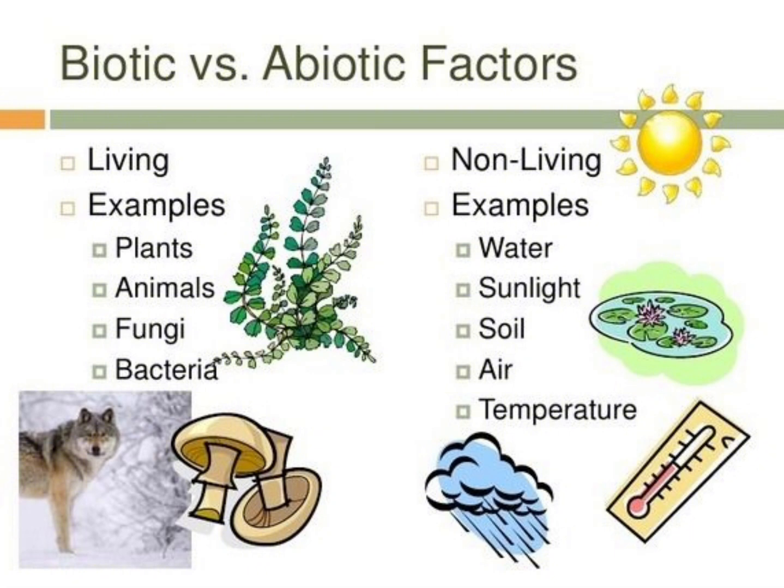The difference is that biotic have living organisms, for example, plants, animals, fungi, and bacteria. And then the physical have non-living things, for example, water, sunlight, soil, air, and temperature.